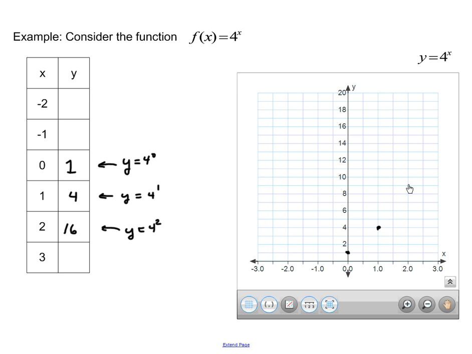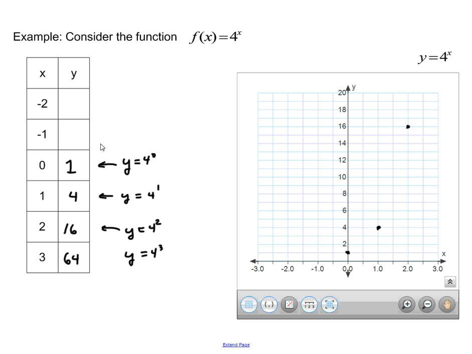So at 2, we would go find 16 on our graph and plot it over here. If we kept on going, if we said y equals 4 to the 3rd power, we would get 64, and we could keep going in this direction. We are noticing one thing, however, that the graph's value seems to be getting very large the higher we go.